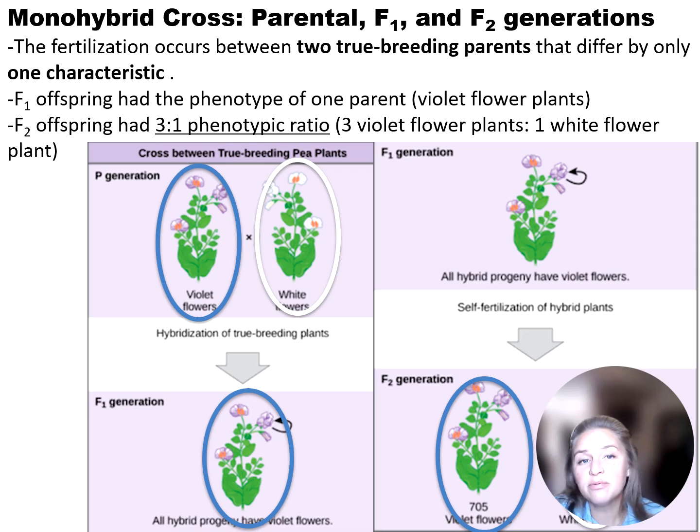So a monohybrid cross is when you are crossing two different true breeding parents that differ only by one characteristic. So the experiment that was done here is that if we have an F1 offspring that has the phenotype of one parent, so violet flower plants, and then the F2 offspring had a 3-to-1 phenotypic ratio, 3 violet flower plants for 1 white flower plant.